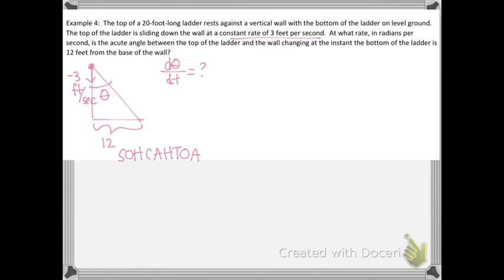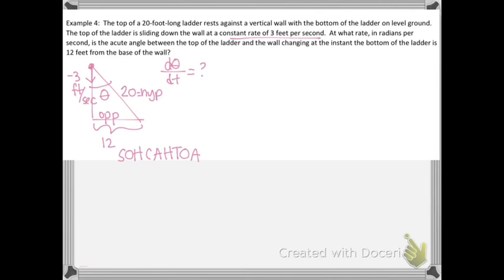This side opposite theta is the 12, so I'm going to call that side opposite. So the opposite side is 12, but not the whole time, just at a certain point in time. This side is 20, since that's our ladder. That's our hypotenuse.